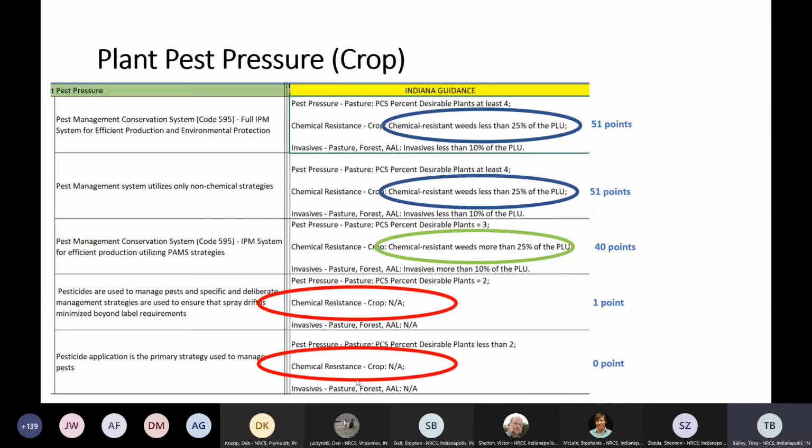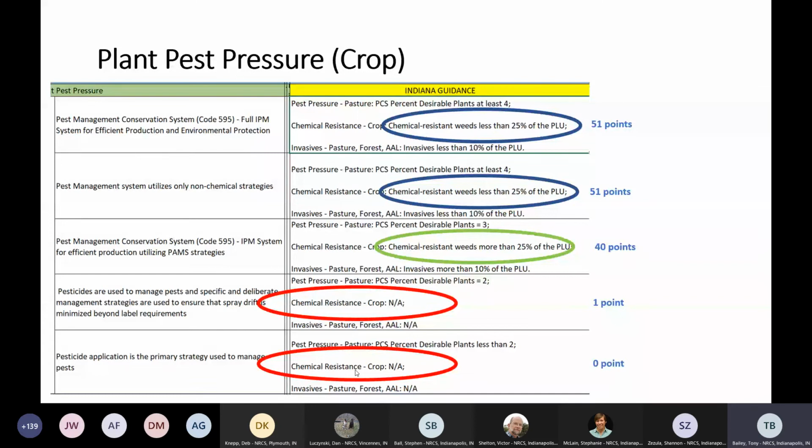So related to this, the plant pest pressure talks about how much of a resistance there is in the PLU, if we're at 25% or more. If we're less than that, we can give it those 51 points. If we're more than 25%, we're just going to give them the 40 points.